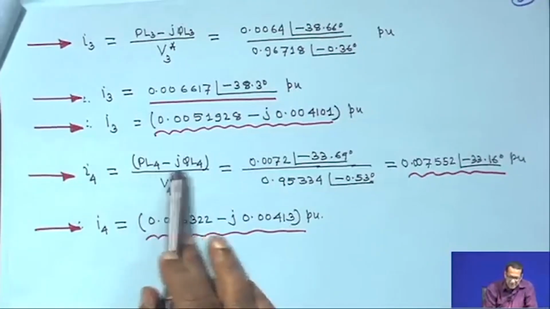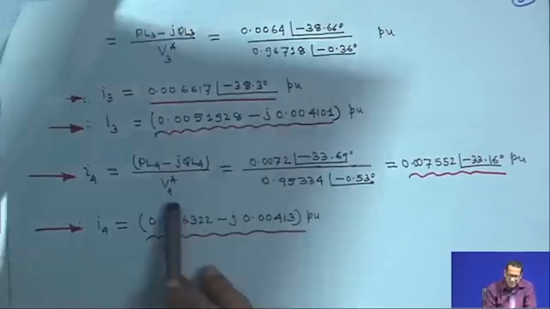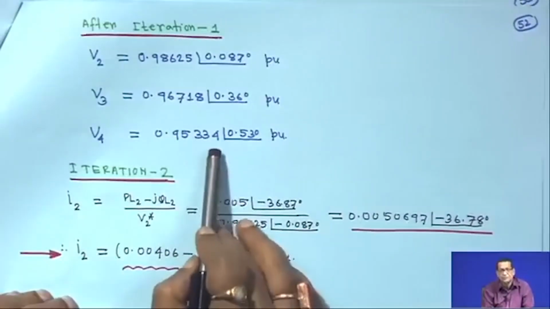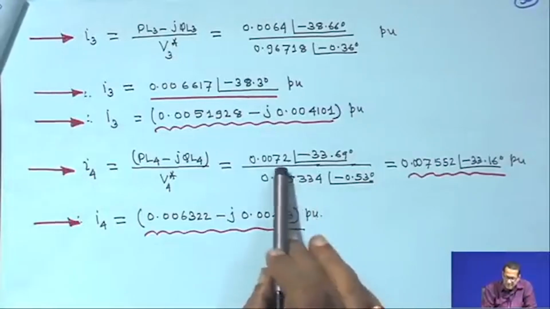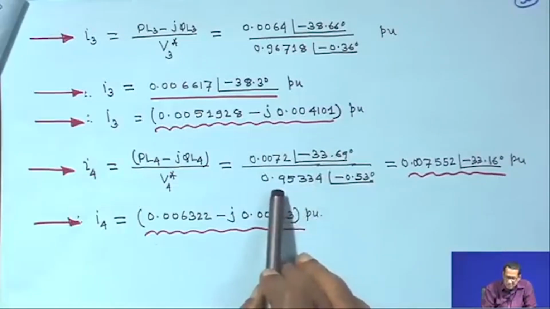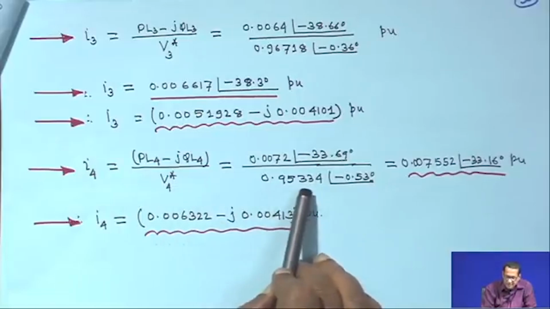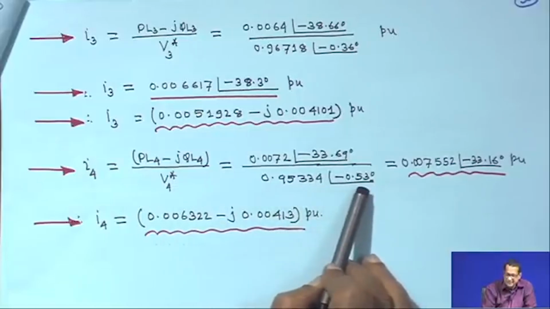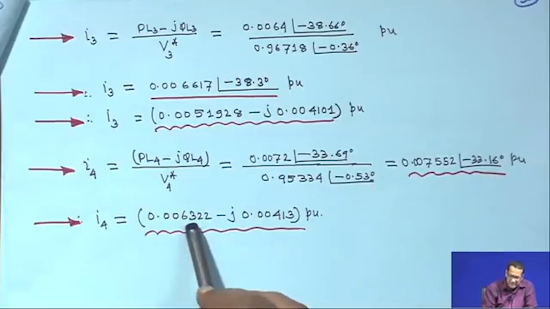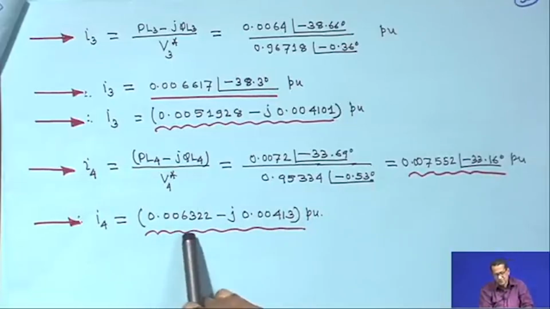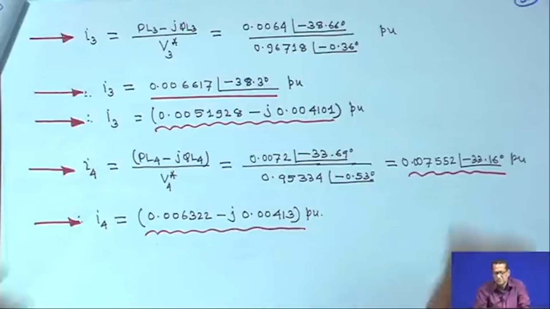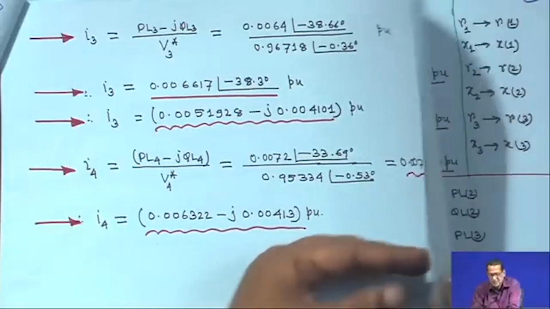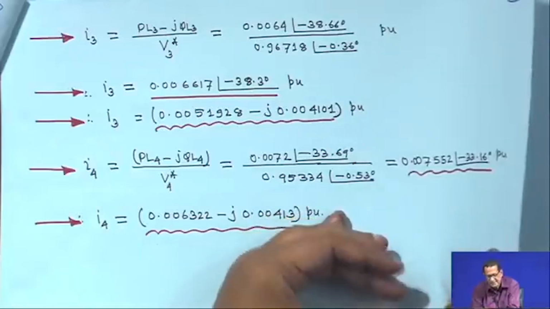Similarly, I4 is equal to PL4 minus jQL4 upon V4 conjugate, this voltage is used, right. This is already known, divided by V4 conjugate 0.95334 angle minus 0.53 degree, and it comes to 0.006322 minus j 0.00413 per unit, right. So, the load currents are computed for the second iteration.